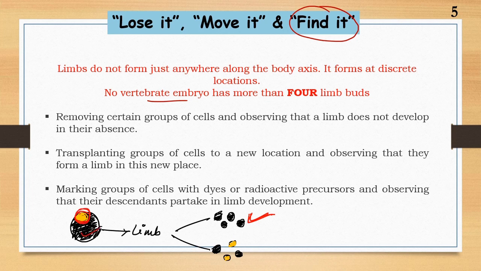Somewhere in this region some cells were involved in limb development, this was not involved. But if we find these radiolabeled cells in the limb, it means that these radiolabeled cells were also involved in limb development, and this was categorized under the find it experiment. That is, you radiolabel and then you find whether those radiolabeled cell progeny are present in the developed limb or not.